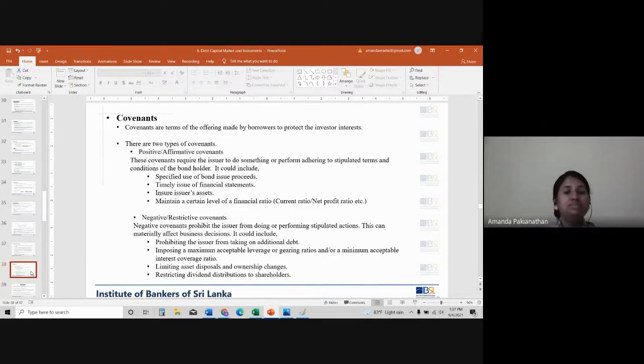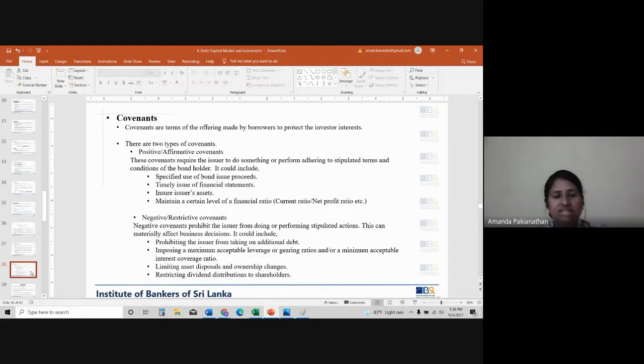Or sometimes the borrowing company itself, because they know prospective investors for these debentures could be very few, could offer the investor, look here, you invest in this debenture, I will run my company in these particular ways, and I won't do these particular things. So that's what a covenant is.